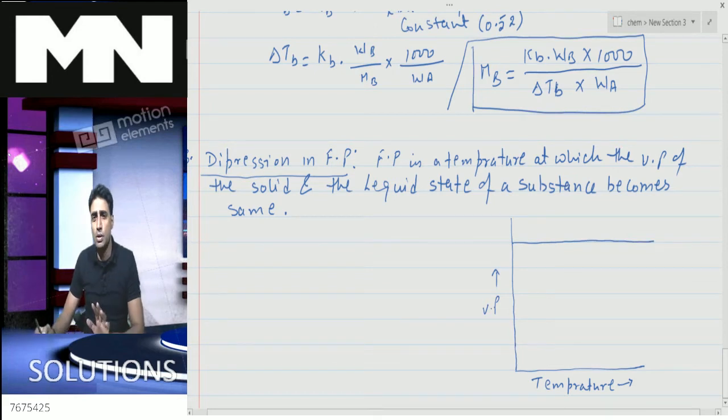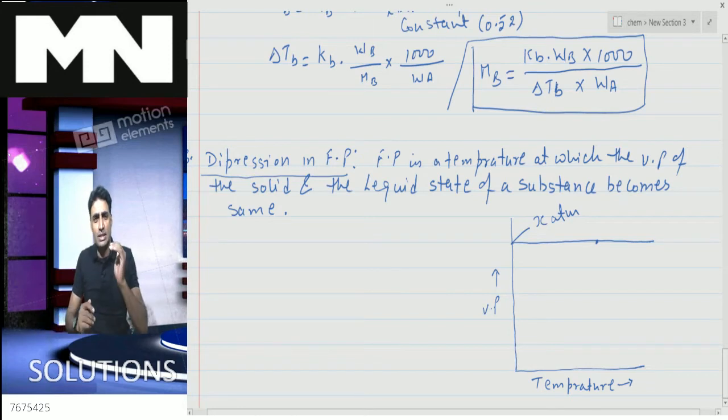This pressure is not 1 atmospheric pressure like in elevation in boiling point. We are not taking it hard and fast as 1 atmosphere. It has got any value. Say it is X atmospheres. At this temperature, I've got pure water. This means I've got a sample of water which has got this pressure.